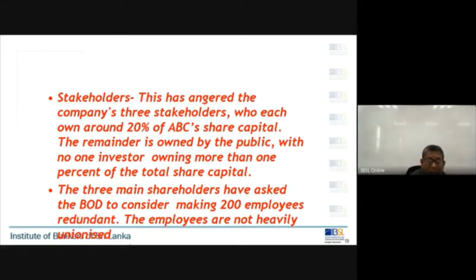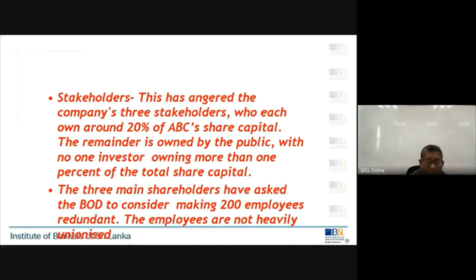The company has three main shareholders, which have around 20% of ABC's share capital. The remainder is owned by the public, with no one investor owning more than 1% of the total share capital. So this is the stakeholder composition. One person is having 20% of the share, but the majority are other public shareholders, each having less than 1%, so they are not much bothered.